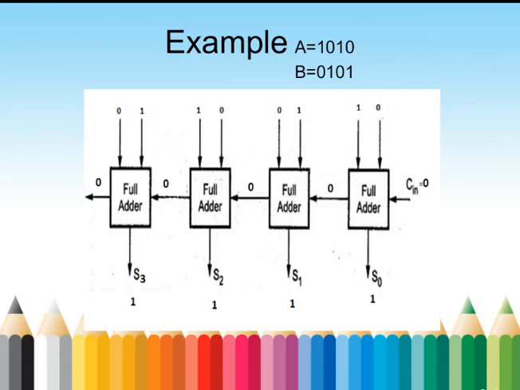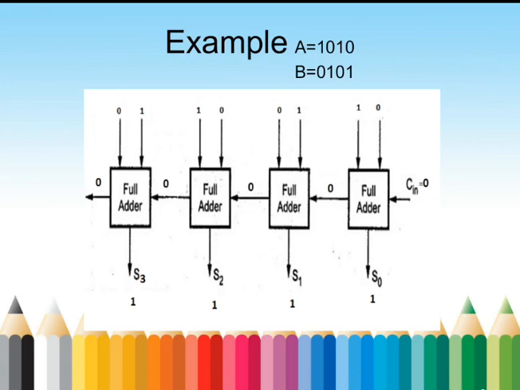And A3, B3 is 1, 0. In the same way as the full adder circuit, it will produce the sum and carry with the same expressions. How do we find the sum in a full adder? It is a 3-input XOR gate, that is A XOR B XOR Cin, and for carry it is AB plus BCin plus ACin.